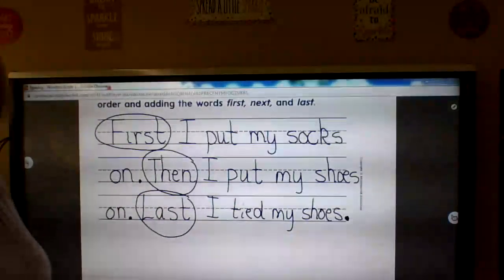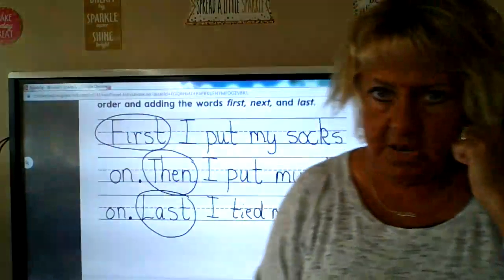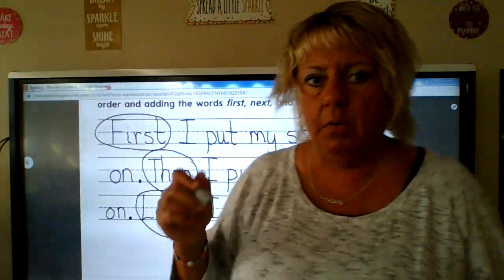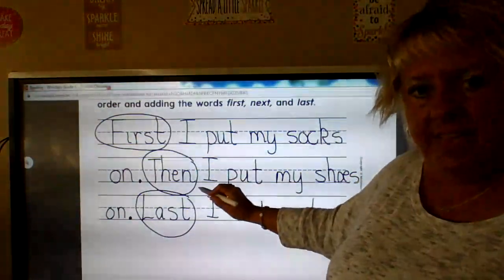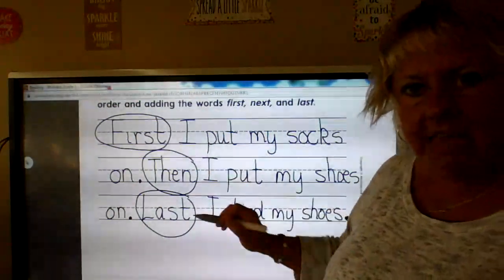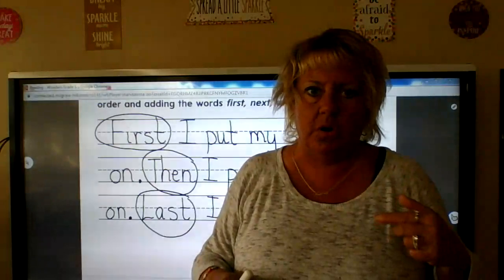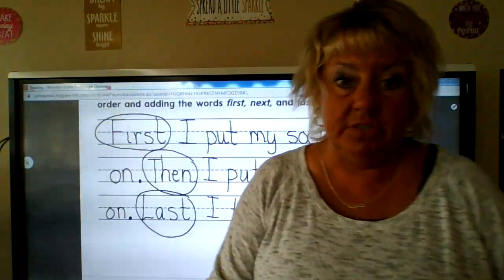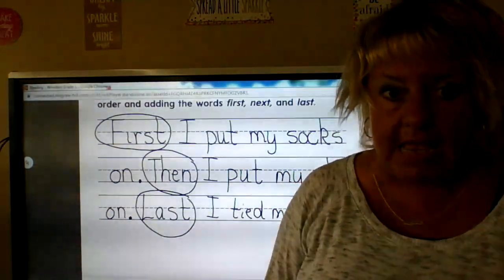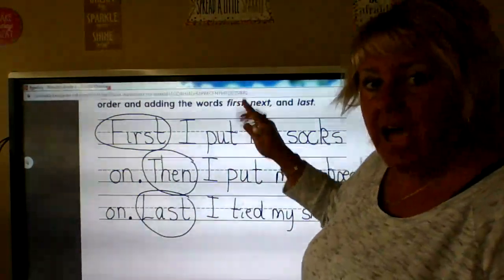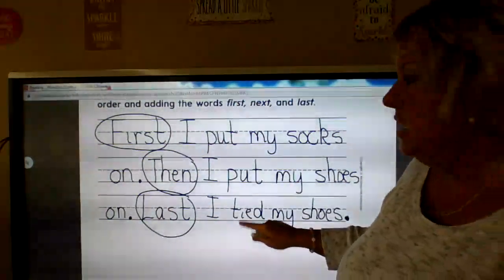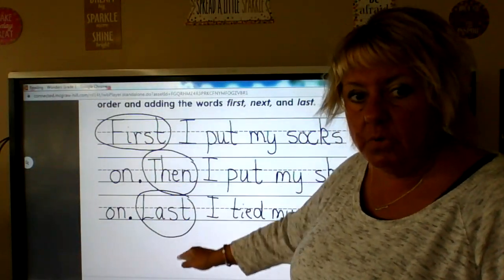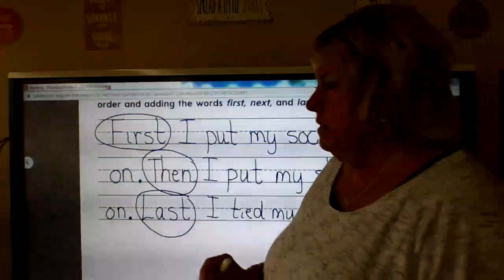Okay. Why is it important when you are telling a story or writing a story to tell what happened first, then, and last? Why is it important to put things in order when you're telling a story? Because if you don't, it's not going to make sense, right? They didn't make sense at the top, so we had to fix it. These are called transition words. These are words that you really need in your writing.